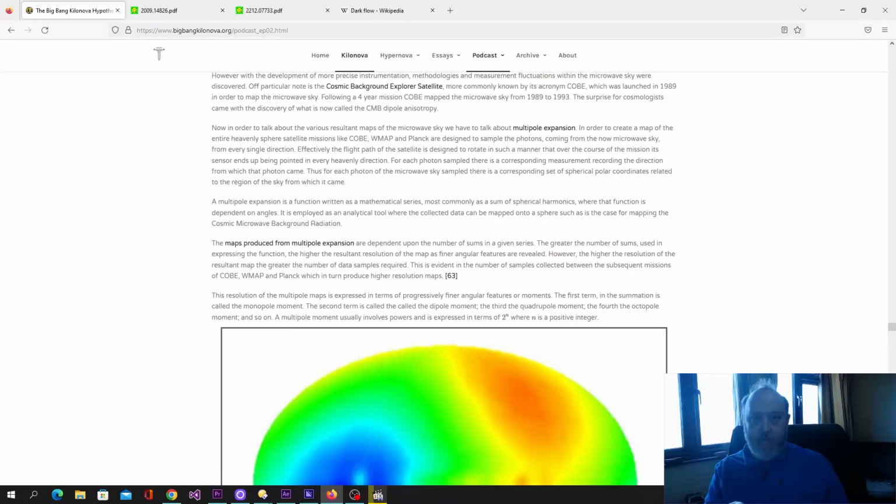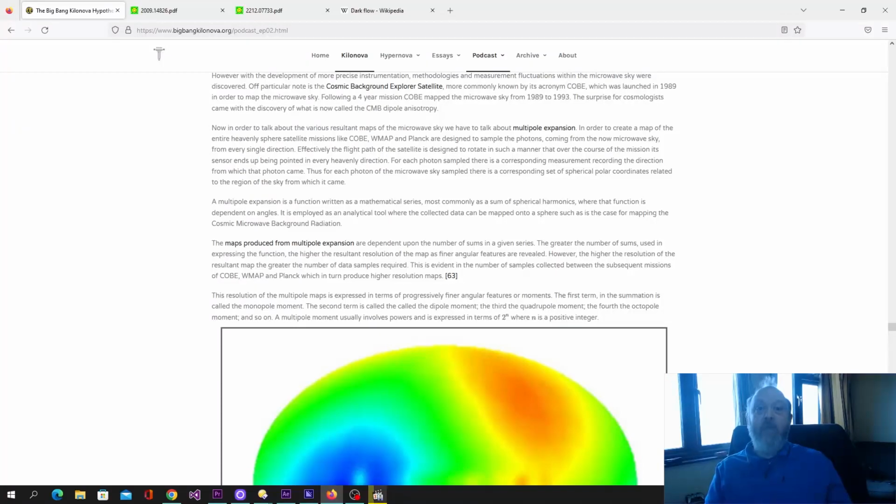You do a 2D Fourier analysis to get all the spectral components, the red, the green, the blue, from an image. Essentially, Fourier analysis is used for taking data in the spatial domain or temporal domain and finding the frequencies within that given data, be it an audio file, an image, or in this case, the microwave sky.